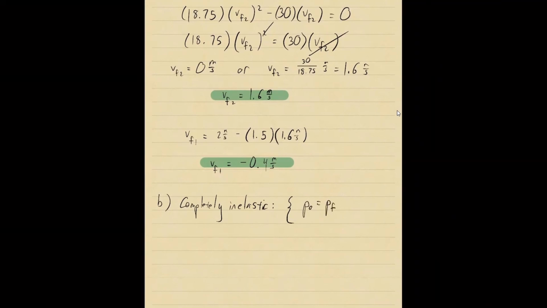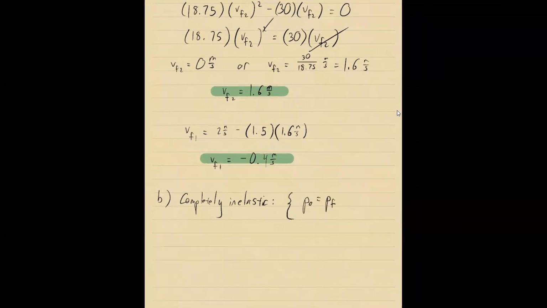The momentum's conserved, but the kinetic energy is not conserved. A completely inelastic collision means that the two balls will collide, and then they'll stick together and move at the same final velocity. So the final velocity of the first ball is going to be equal to the final velocity of the second ball, which is going to be equal to some final velocity.